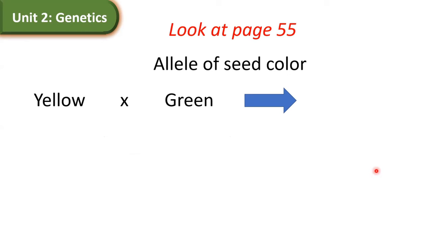Now, let's talk about the allele of the seed color. We know there are two alleles, yellow and green. Which do you think is the dominant allele? Is it the yellow or the green? You can look at page 55 of your book.